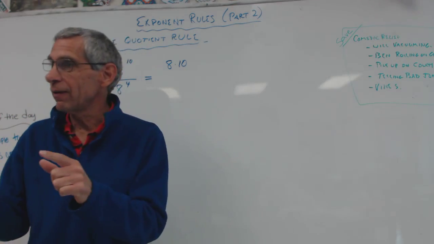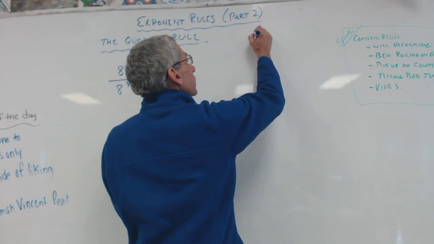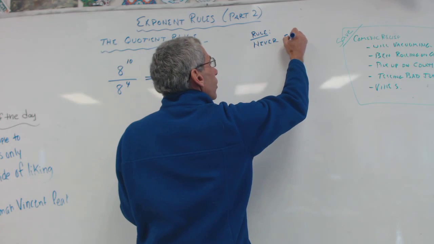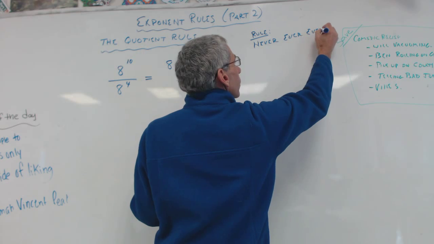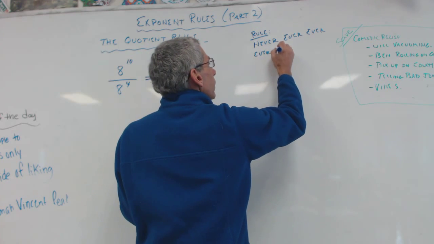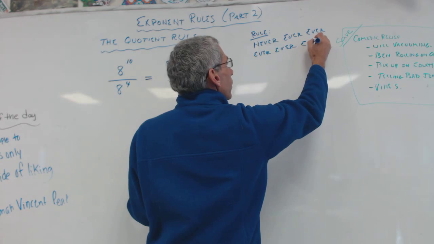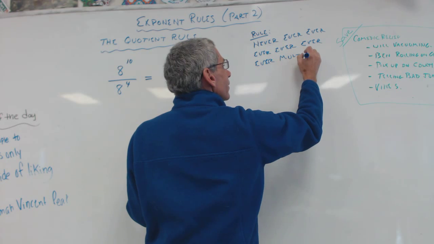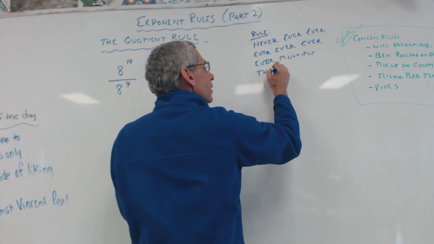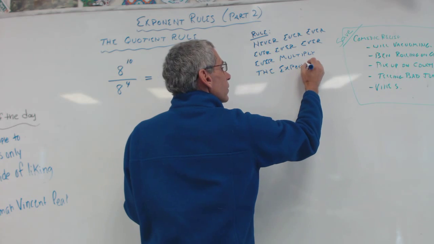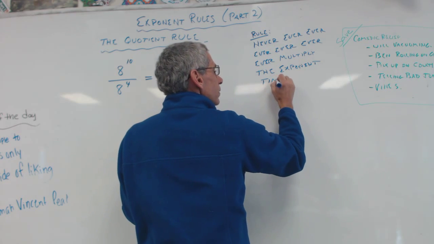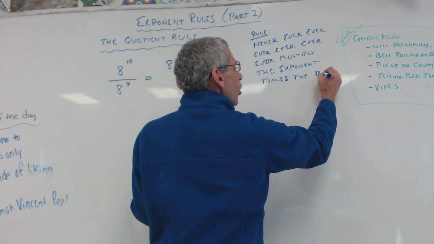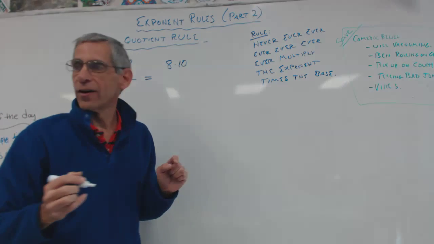It's very, very important. And here's the rule. Never, ever, ever multiply the exponent times the base.